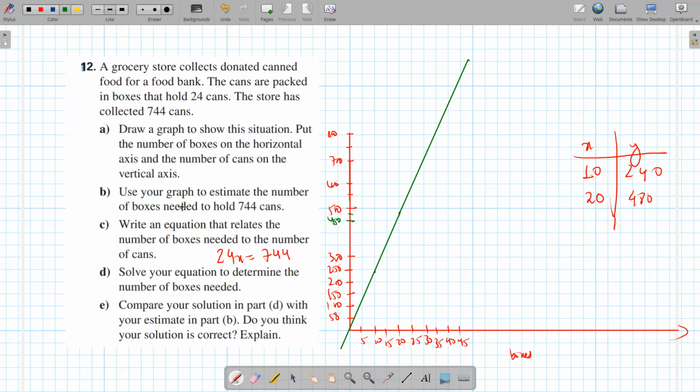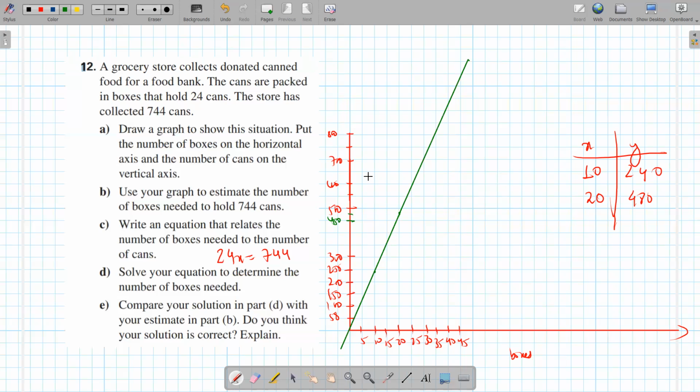Part B, use your graph to estimate the number of boxes needed to hold 744 cans. So we're trying to solve this equation graphically. I'm guessing you would draw a line by 744.